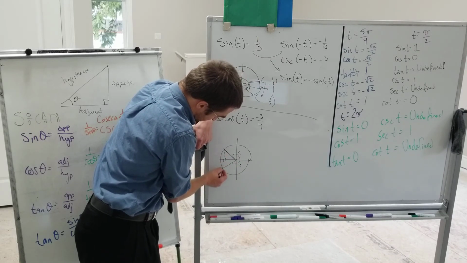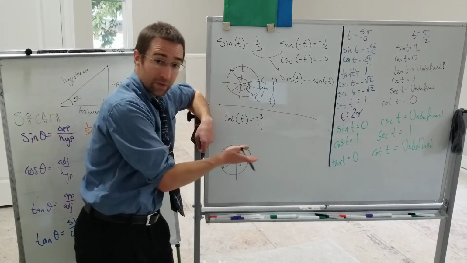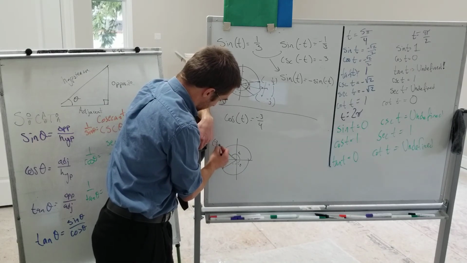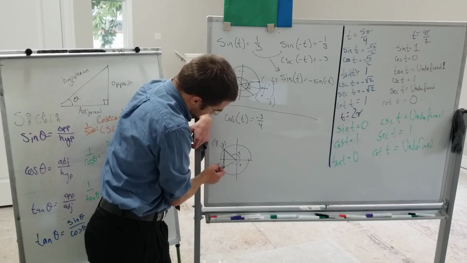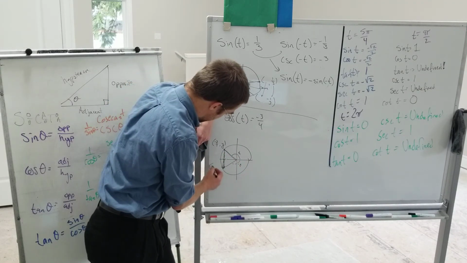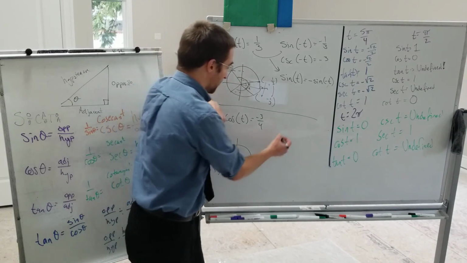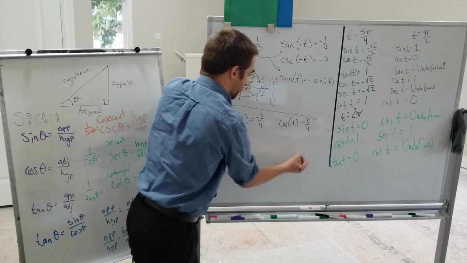So once again, it's a reflection in the x-axis. Now here we have -3/4, comma, whatever the y number is. If I reflect straight across the x-axis, I'm going to have the same x number. It's just the y number that changes. So here, if I go cosine of negative t, it's still -3/4.